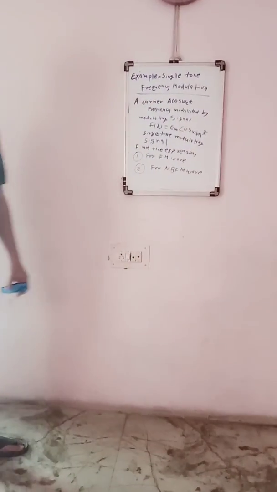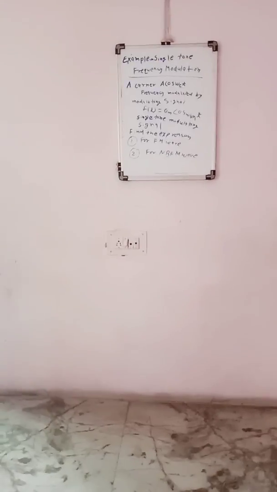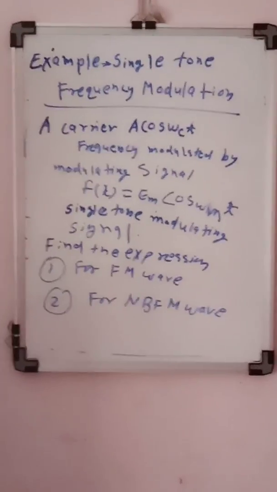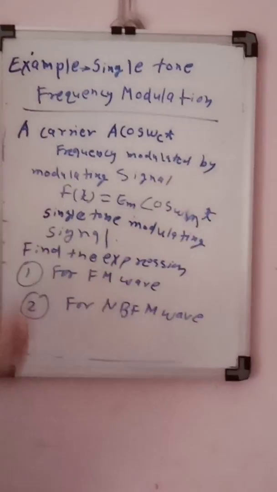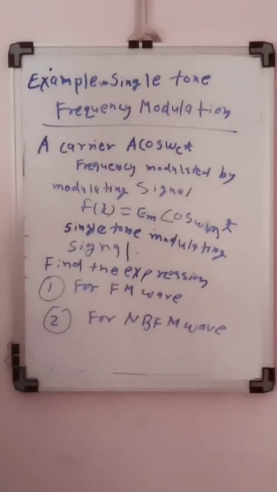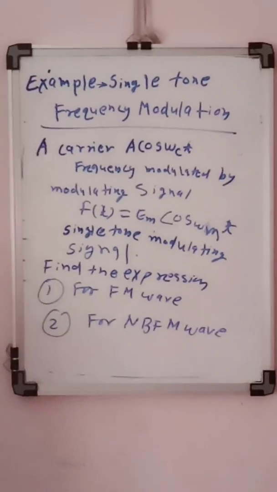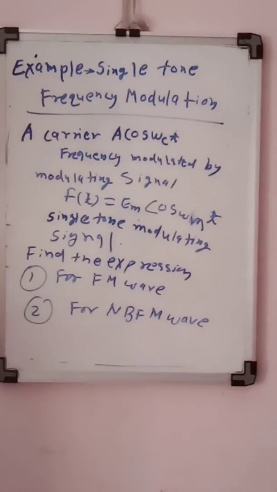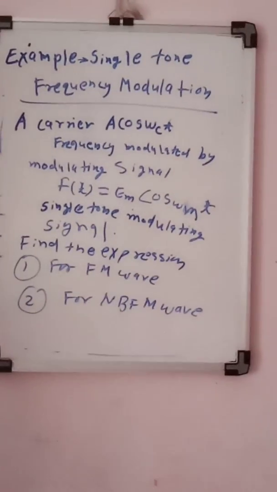We are discussing single tone frequency modulation. The question is: a carrier A cos omega_c t, frequency modulated by the modulating signal f(t) = E_m cos omega_m t, which is a single tone modulating signal. We have to find two expressions: one for the FM wave and the second for the NBFM wave. So this is the question.